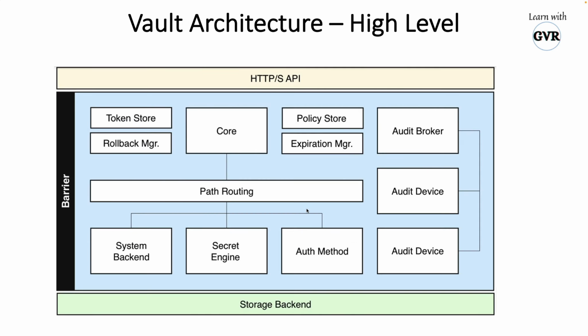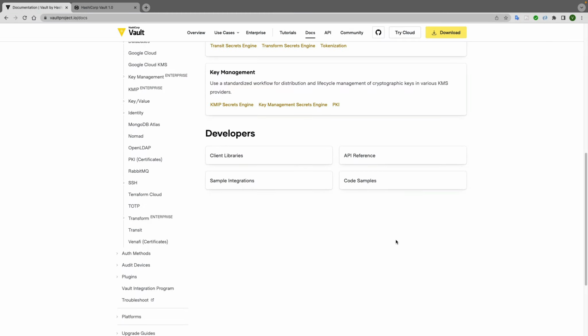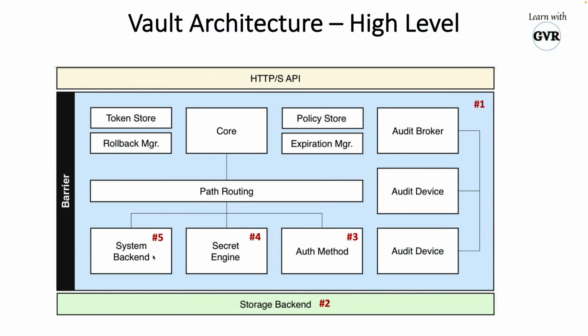This is a high level. Now, if you go to the Vault architecture in more detail, number one is the Vault core engine. It will have a storage backend. Yes, the Consul and internal storage where you can store any of the storage. Number three is the authentication method. Yes, it's a gate pass, right? And the other one is the secret engine, right? In the previous slide we have seen there are many types of secrets you can store. And the system backend.